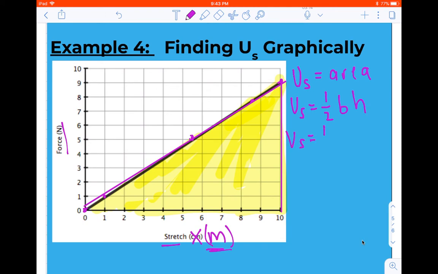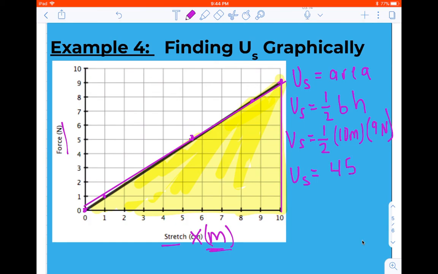Our base is 10 meters, and our height is 9 newtons. So when we multiply straight across, we have 1/2 of 90, which is 45.